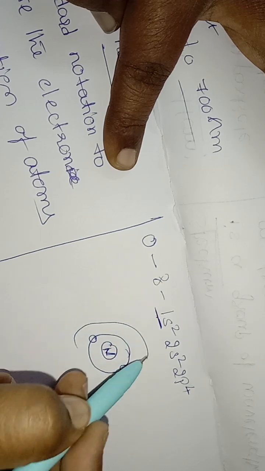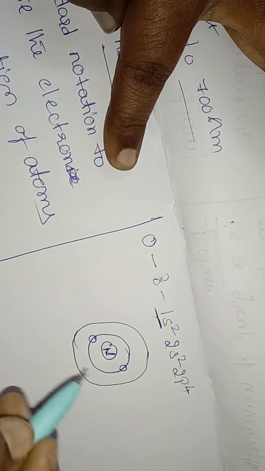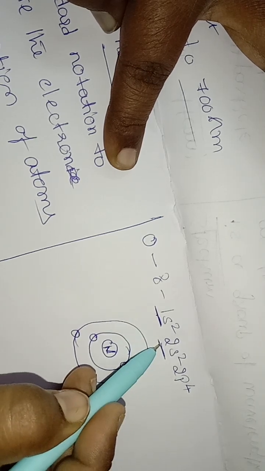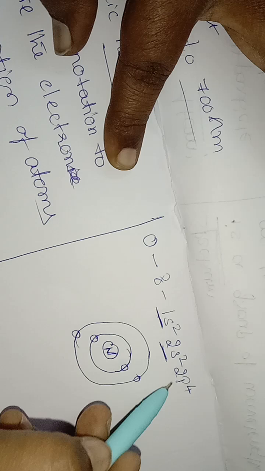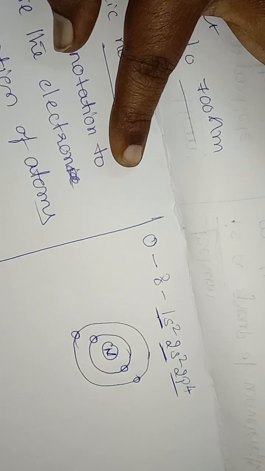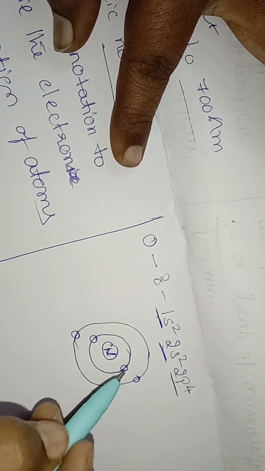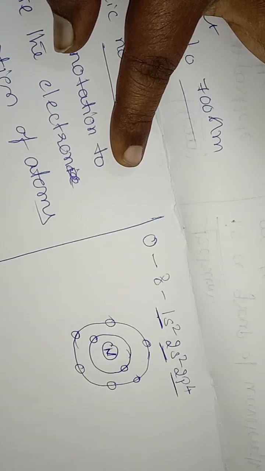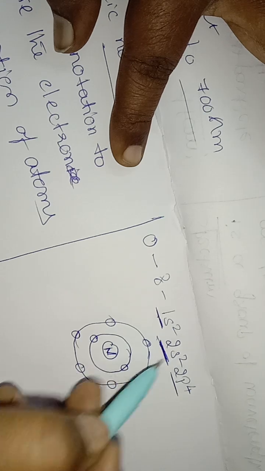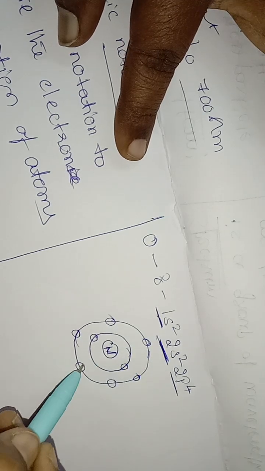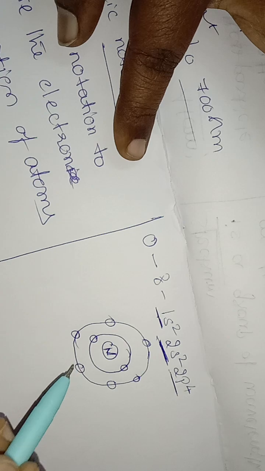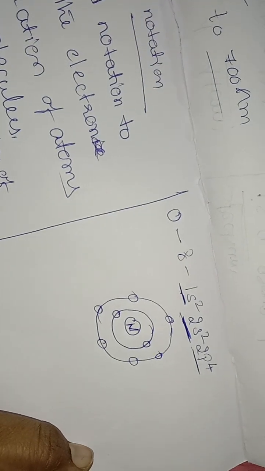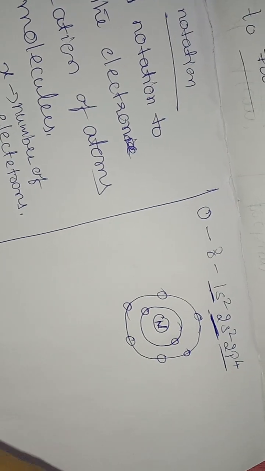The remaining 6 are distributed in the second orbital. The first 2 electrons revolve in the shape of a sphere, and the remaining 4 revolve in dumbbell shape. This is called electron notation.